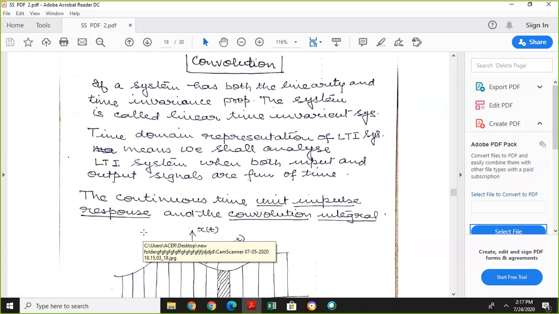The time domain representation of an LTI system means that we analyze the LTI system when input and output signals are both functions of time. If input and output both are functions of time, then we say that we analyze the system in the time domain.